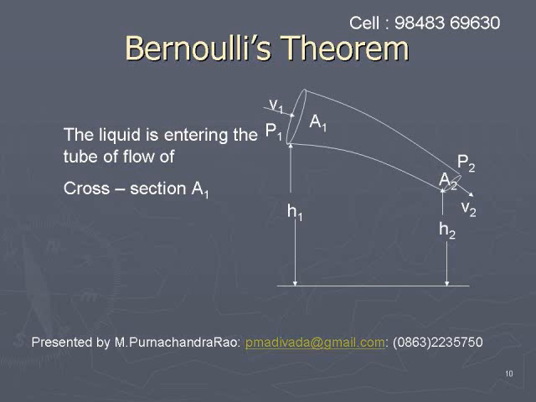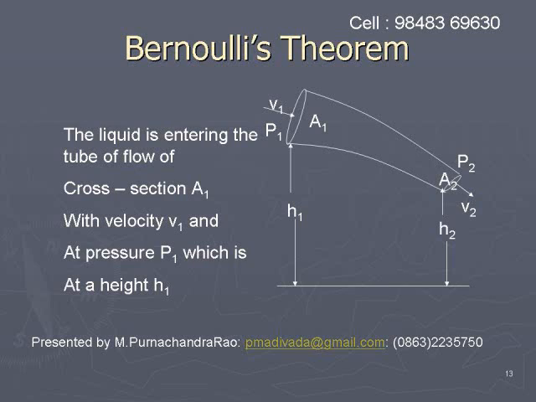The area of cross section of the left end is A1, and the fluid is entering this cross section with a speed V1 at a pressure P1. This cross section is at a height H1 from the ground.